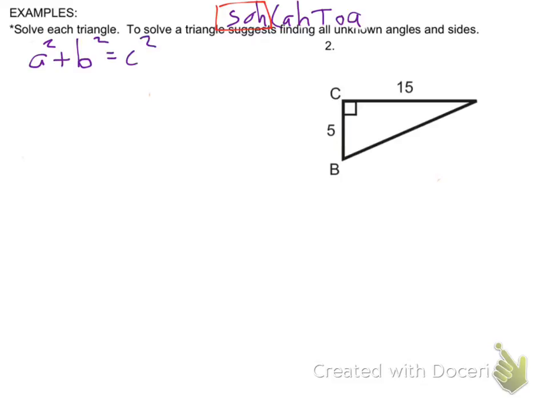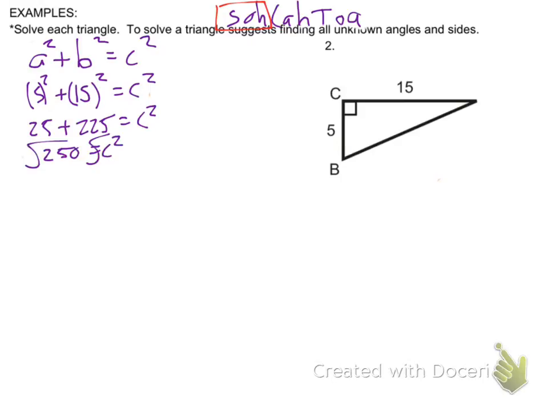So I can say 5 is a, so 5 squared plus 15 squared is equal to c squared. 25 plus 225 is equal to c squared. 250 equals c squared, square root. I'm moving kind of fast on purpose, okay? We've done that probably about 100 times in this class. So, to make our life a little bit easier, I'll let it go to a decimal.